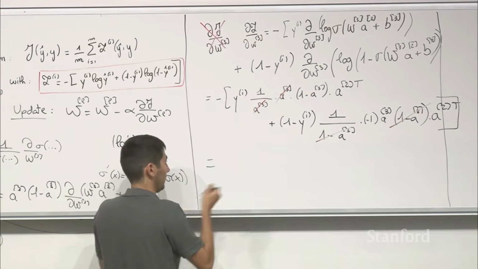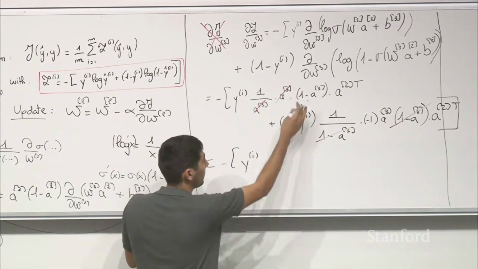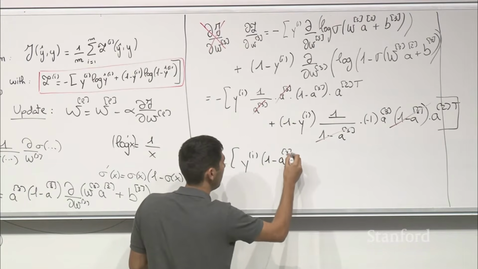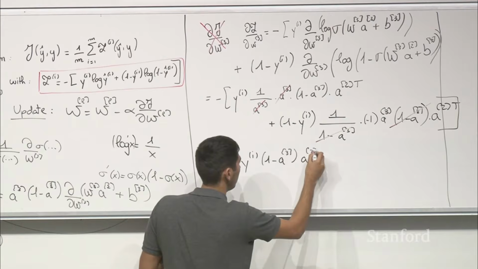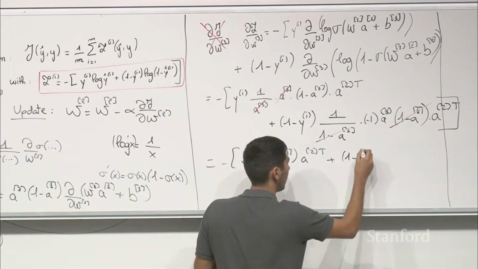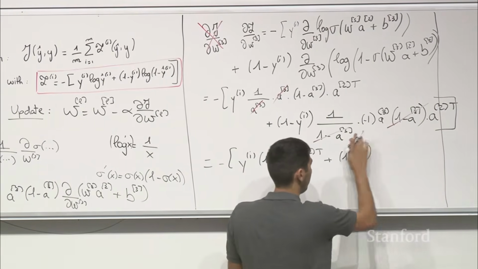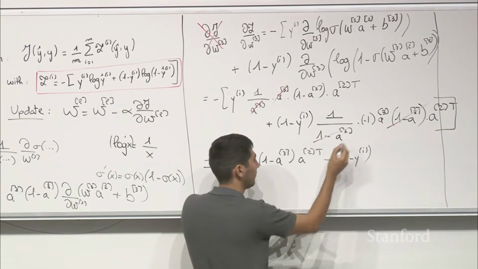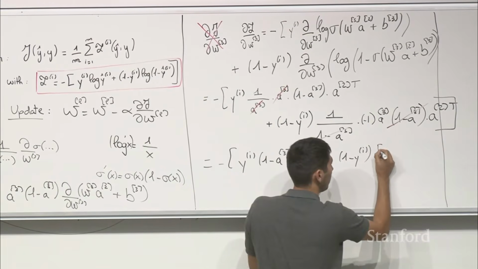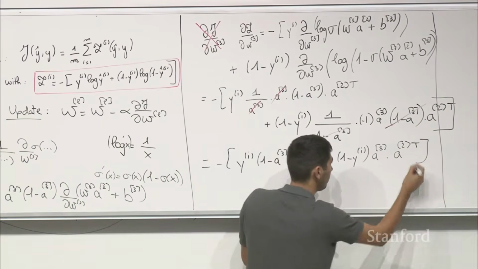Going to copy back all the results. Minus yi times 1 minus A3 A2 transpose plus 1 minus yi times the minus. I'm going to put the minus here. So I'm taking the minus, putting it on the front, times A3 times A2 transpose.